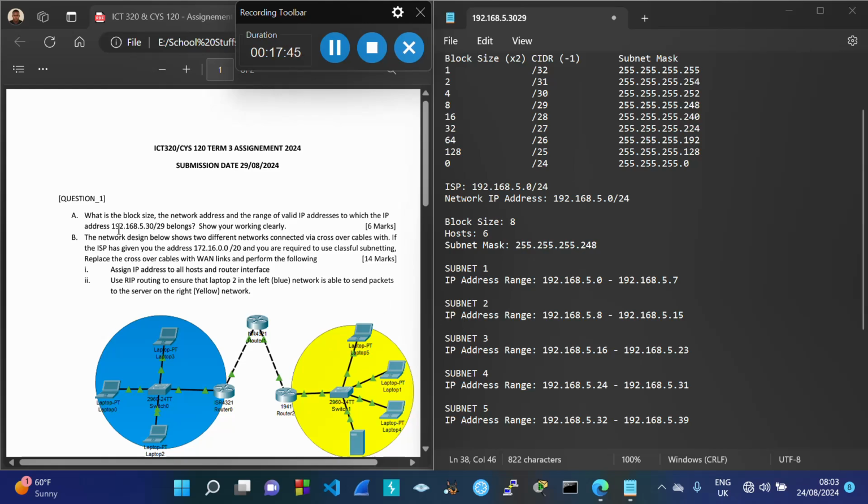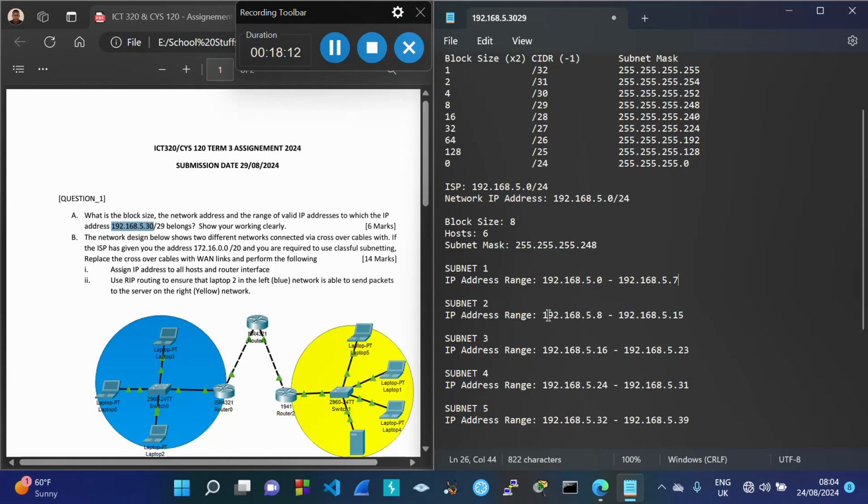The question is saying the IP address you are given is .30. So it means we need to look for a range which can assign an IP address which is .30. Remember, these are network addresses, then these are broadcast addresses. So can 0 to 7 assign a .30 IP?